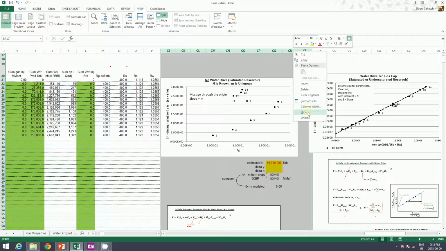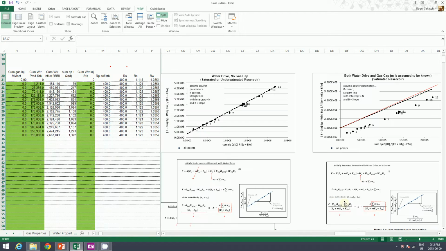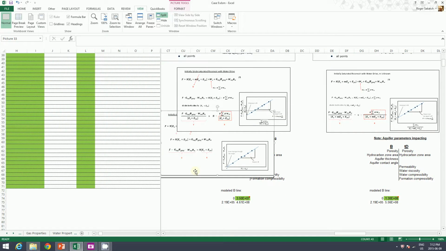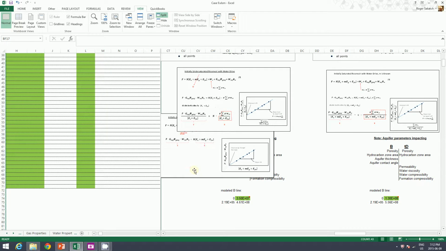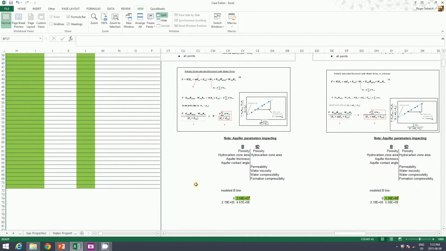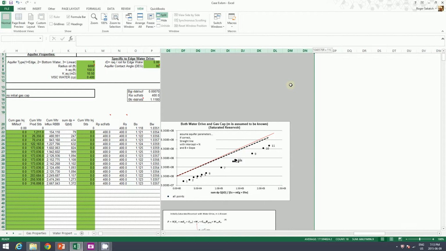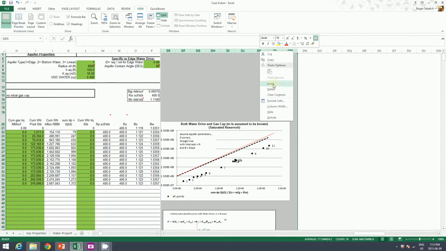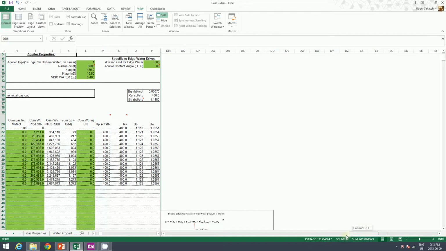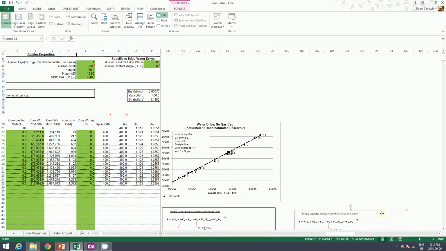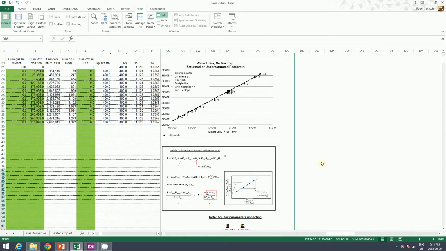I'm just going to hide a number of these columns here, and get rid of some of this other information that really pertains to other scenarios where we do have gas caps, etc. This one that I'm hiding right now pertains to a reservoir with a water drive and a gas cap. In this case, we do not have a gas cap, so we're just going to get rid of that. So here it is.